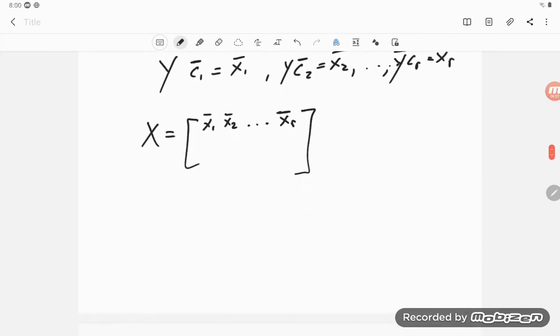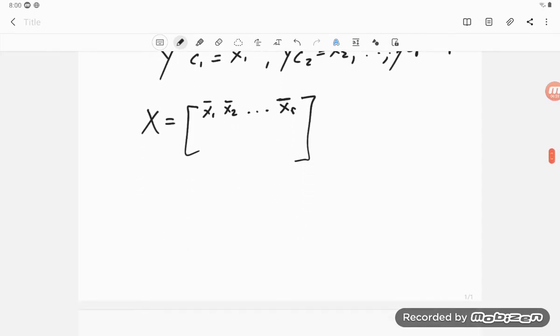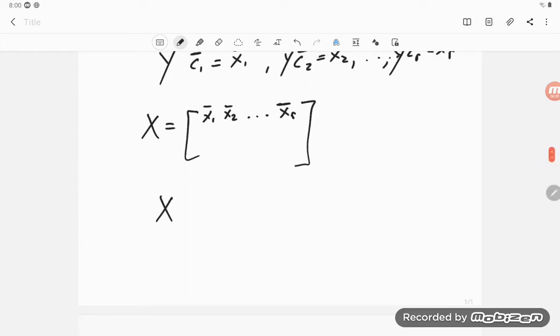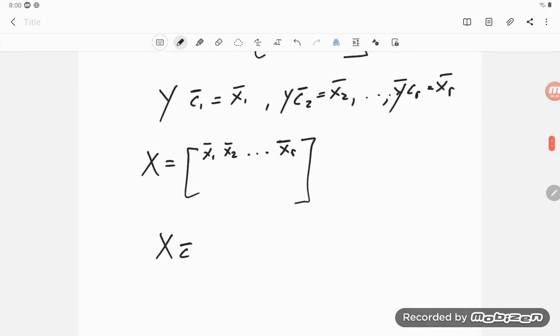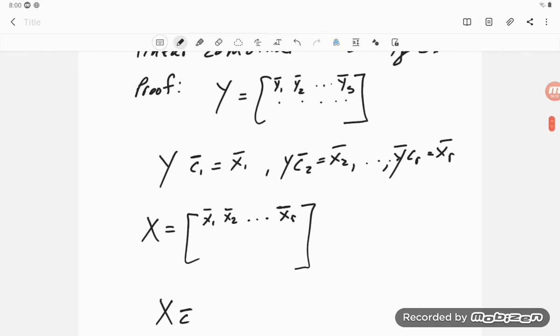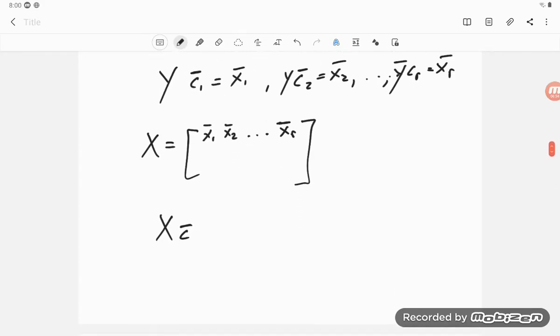So suppose I take a linear combination of the x's. Here is a linear combination of the x's. And the question is, can I show that that's a linear combination of the y's?